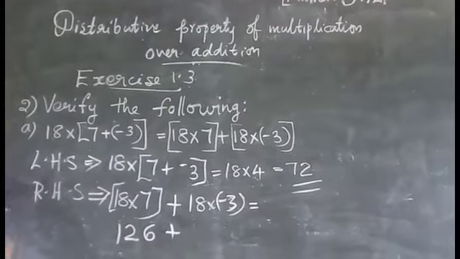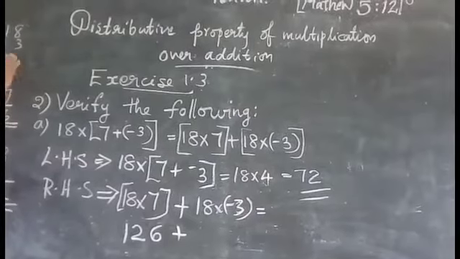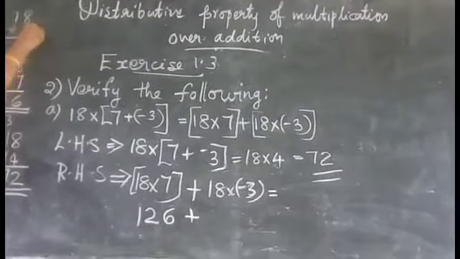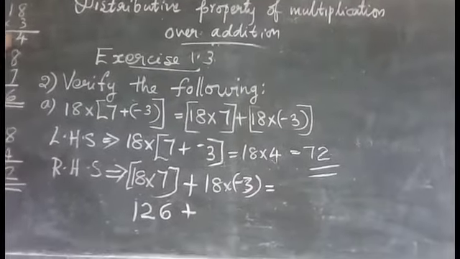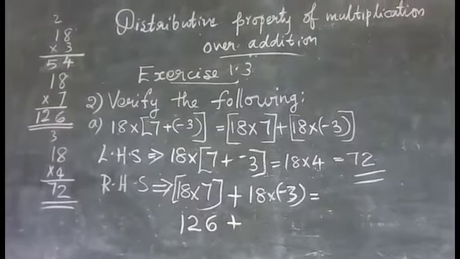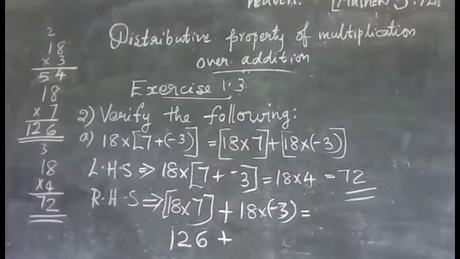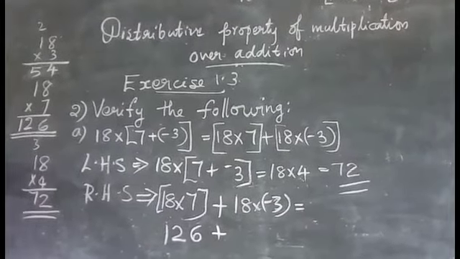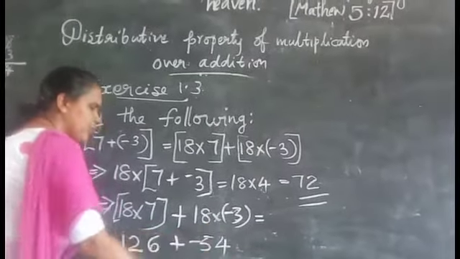Plus 18 into negative 3. 18 into 3: 8 threes are 24, then 1 three plus 2 is 5, so 54. And here 18 into negative 3 is negative 54.